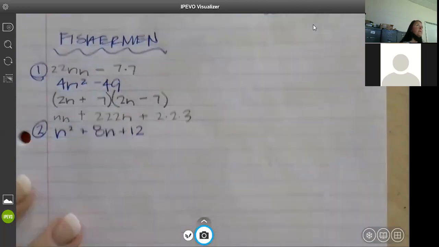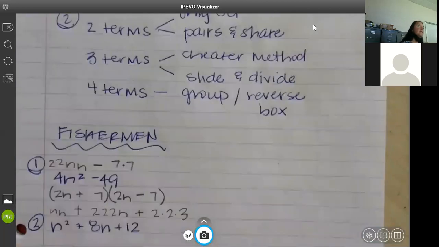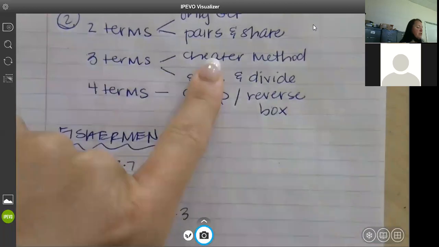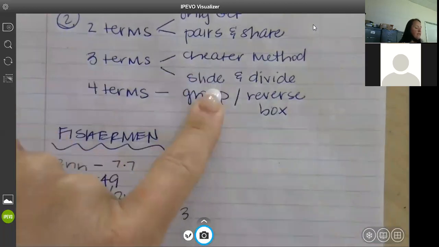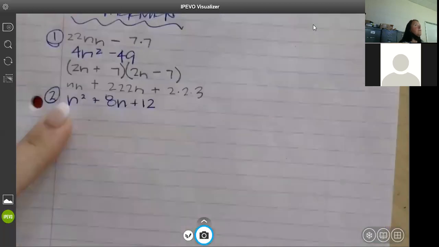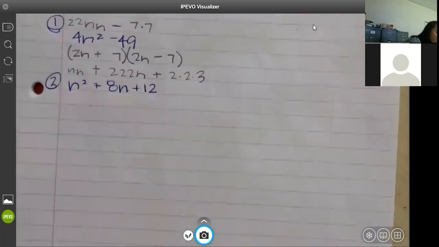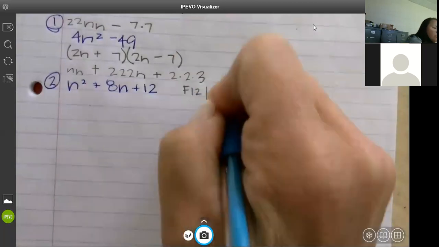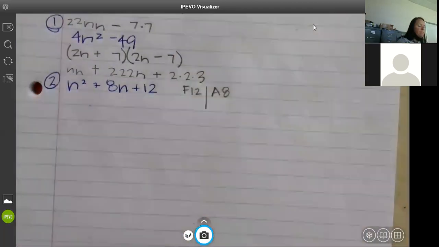So I'm going to slide it down for a minute so you guys can see this. We did GCF. I don't see a GCF in here, so it's 3 terms. So it's either going to be cheater method or slide and divide. The way you know is if there's a number in front. If there's not a number, remember, we're just doing factors of the last that add to the middle, and we do that in our calculator.